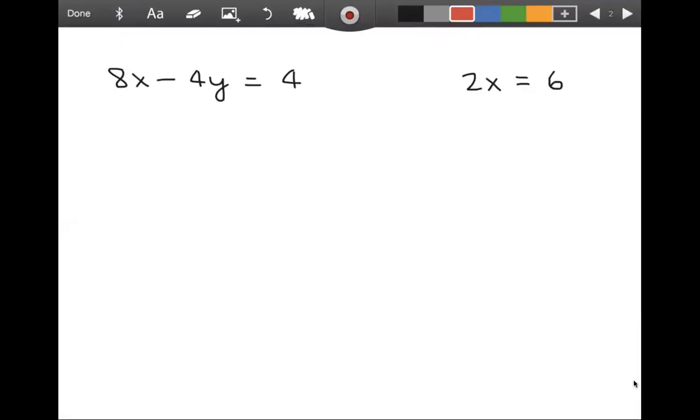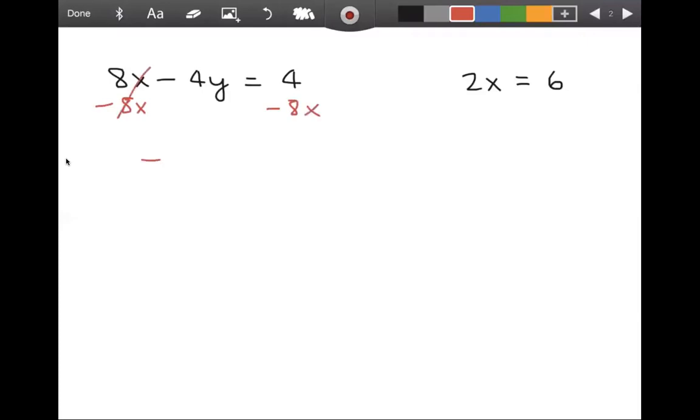And we'll start with 8x minus 4y equals 4. Remember, we're trying to solve this equation for y. So the first thing I'm going to do is subtract 8x from both sides. Remember, whatever you do to one side, you have to do the same thing to the other side.